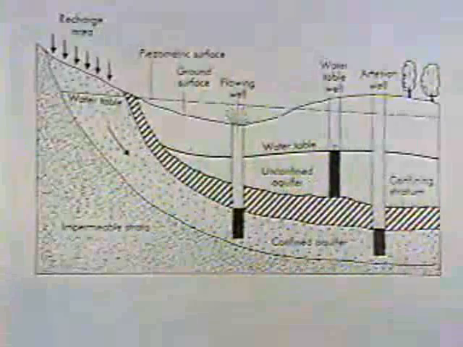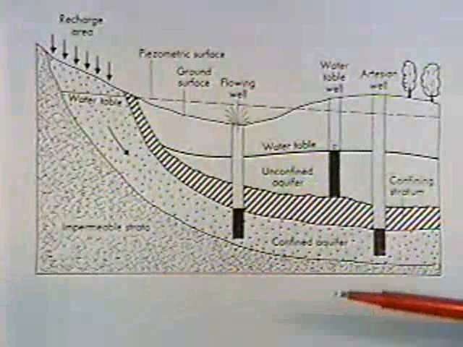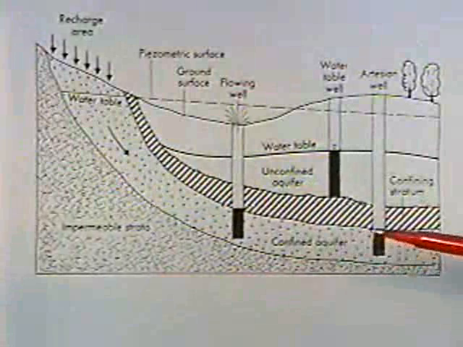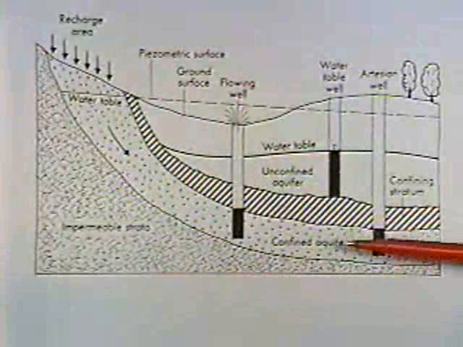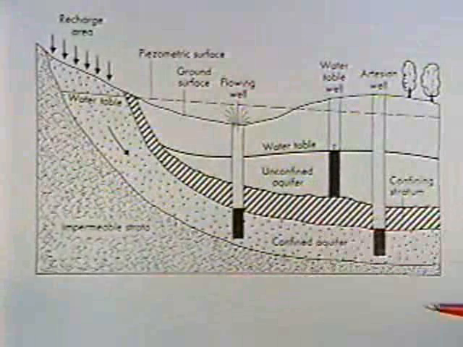So going underground first, this is to get us thinking about the water underground, and just basic terms defined here. We've got an aquifer, and we've got a confined aquifer, meaning there's a confining layer above it as well as below it.